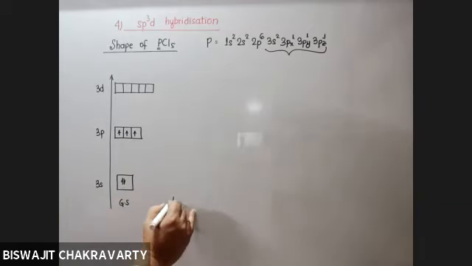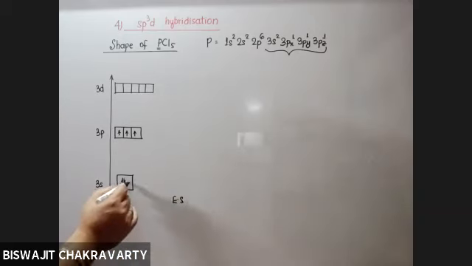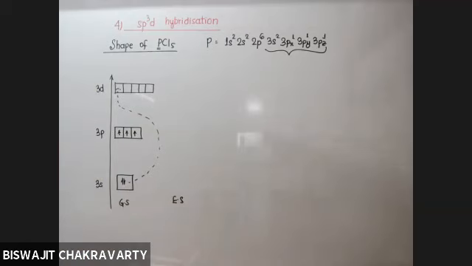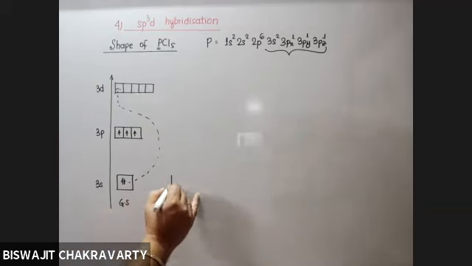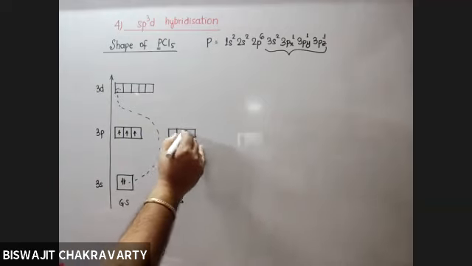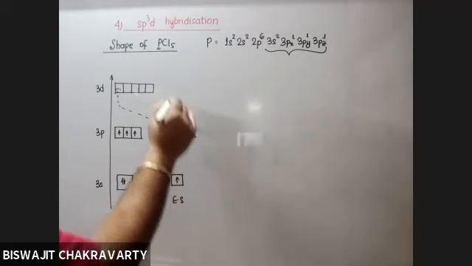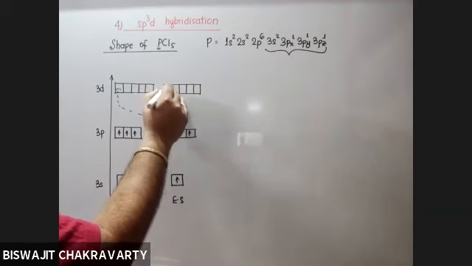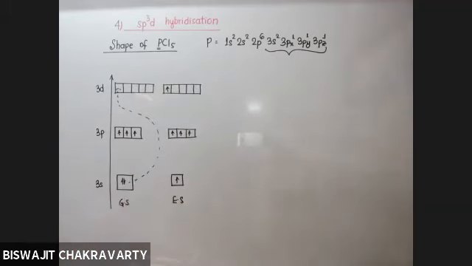So we need to take the help of the excited state, where one electron from 3s jumps to 3d, making a total of 5 unpaired electrons. Only then can the pentavalency of phosphorus be explained, because before going to hybridization, the valency must be properly explained.